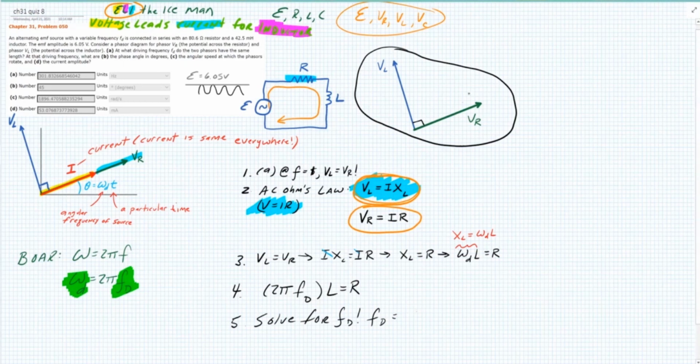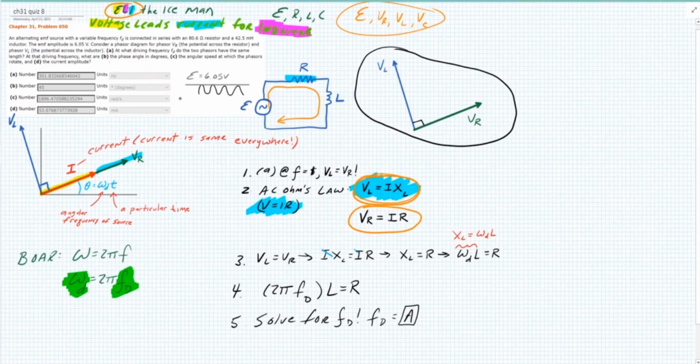I'm going to put that in calculator memory location A. Store alpha A. So if you drive this particular circuit with that frequency, as if by magic, that green vector and the blue vector have the same length, which means the voltage drop across the resistor is the same as the voltage drop across the inductor. And that's a good thing to know how to do, depending on the application. All right, so that's A.